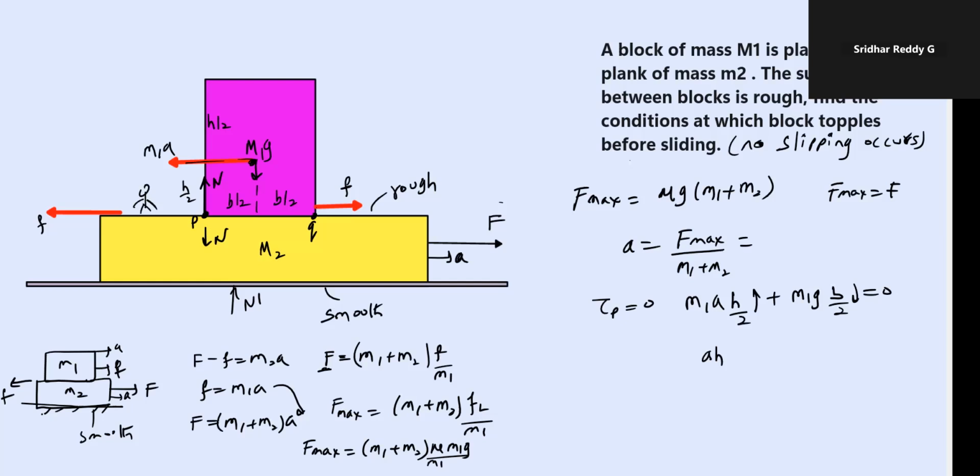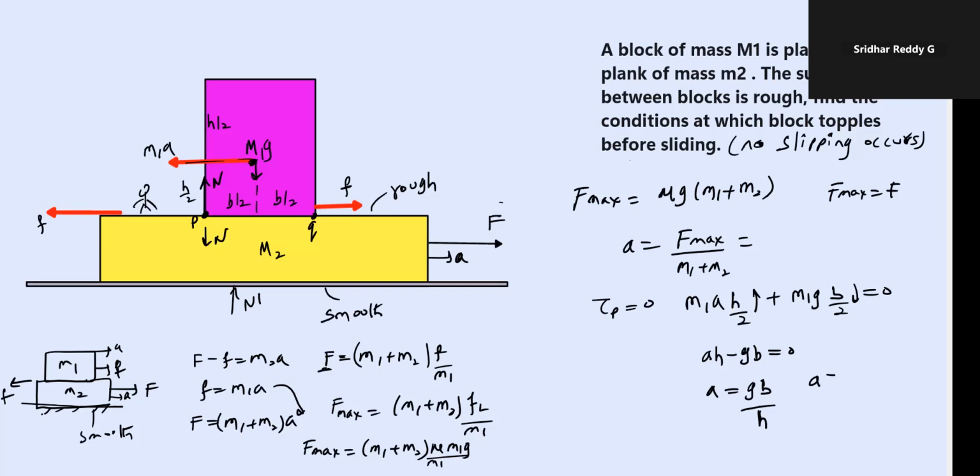So what should be the acceleration? A equals G B by H. If the acceleration is greater than this, the block will topple about P. Less than this, it will not topple.